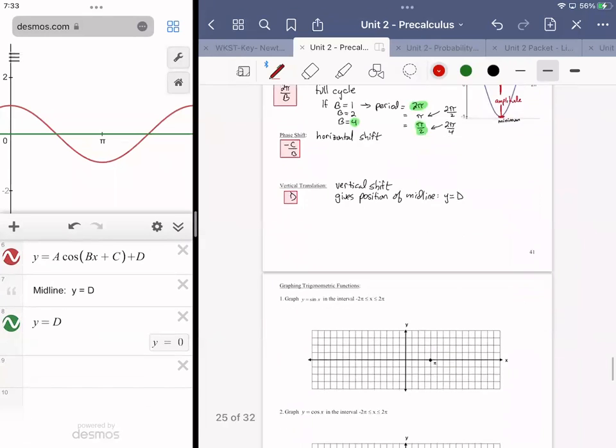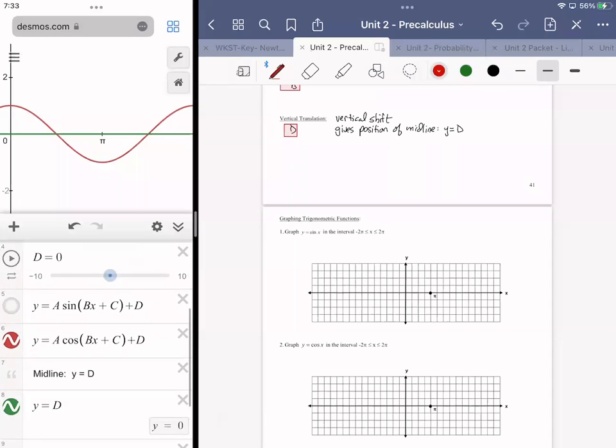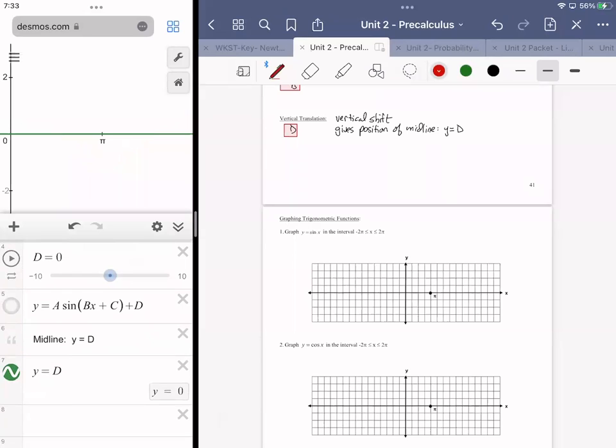But in terms of actually constructing the graph, it's not really challenging, because if you really think about it, I'm giving you an equation and I'm giving you a domain. It's really just a matter of you mapping it out based off that information. So what I'm going to do is I'm going to actually modify this equation a little bit. I'm going to get rid of the cosine for now.